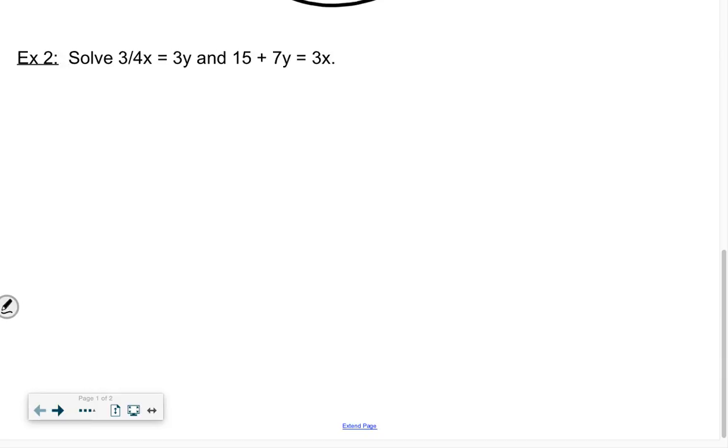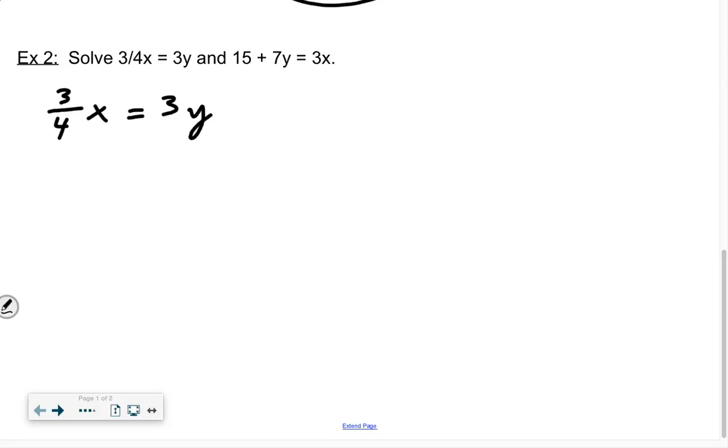Okay, we're looking at example 2 now. 3/4 x is equal to 3y, and 15 plus 7y is equal to 3x. Okay, this is kind of different. As we look at this, we're thinking maybe substitution would be better, but let's go ahead and solve it using the elimination method. If I look at this first one, 3/4 x is equal to 3y.